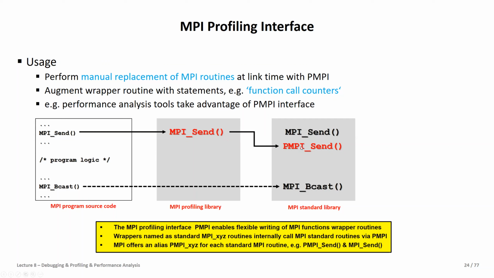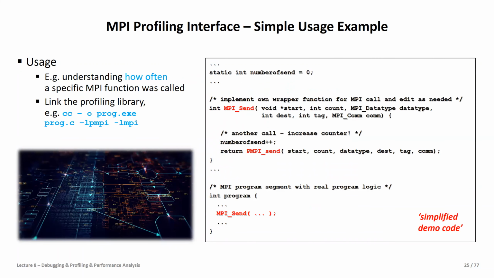You can, for instance, increase a counter, because that's what we're also interested in. So basically you count how many times this particular send operation has been used, as an example, or you take the time when you entered the MPI send. So here's an example of how that looks from a profiling perspective, where essentially you have a wrapper function of this MPI call, and you can do whatever you want here.